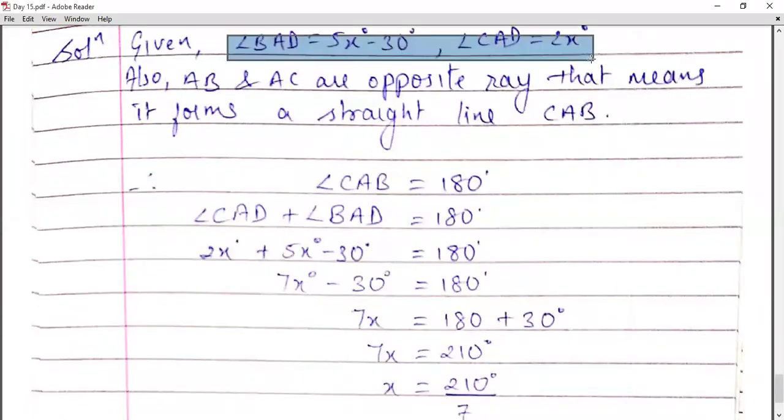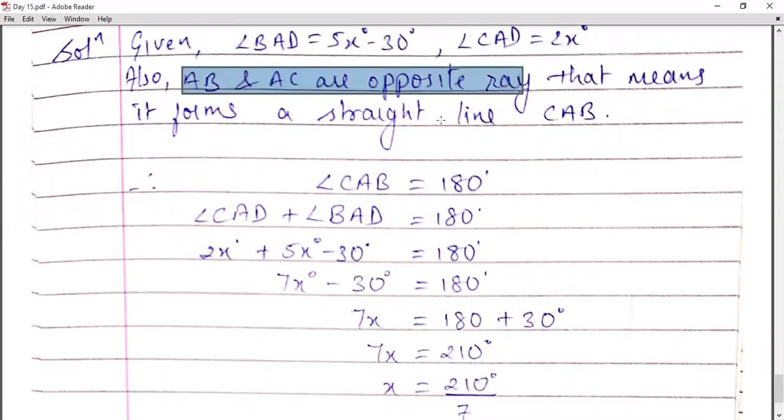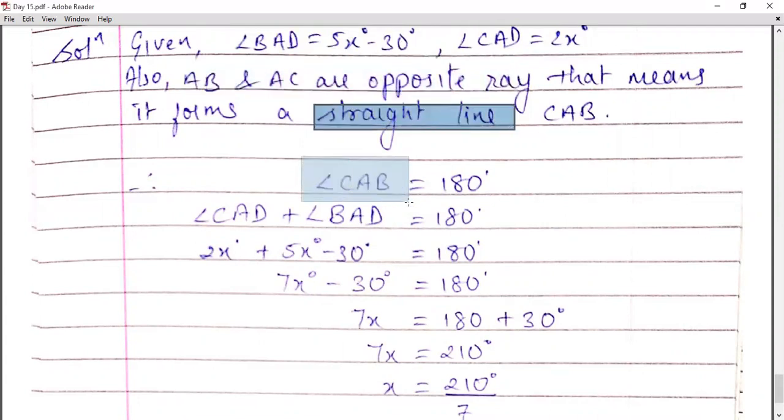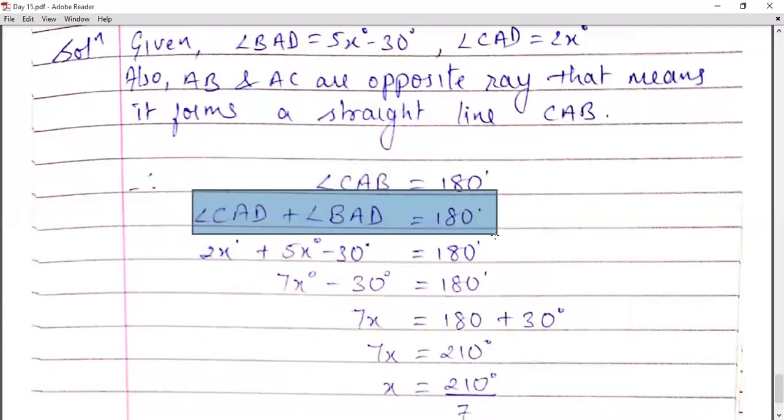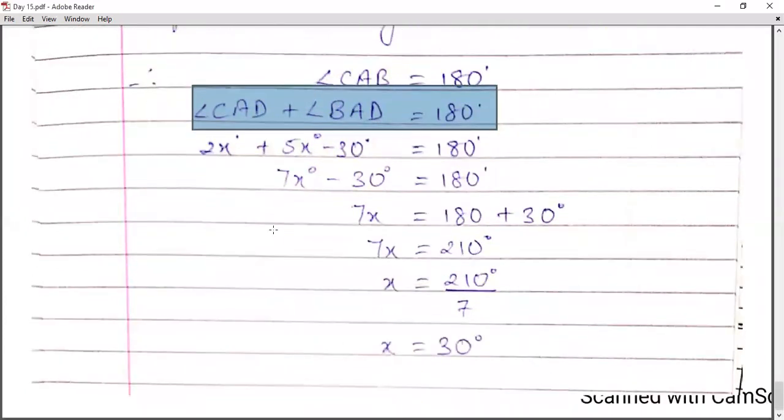If AB and AC are opposite rays, that means they form a straight line. Hence, angle CAB, or the sum of angle CAD and BAD, is 180 degrees. Substituting the values of angle CAD as 2x degrees and angle BAD as 5x minus 30 degrees, I'll get the equation like this.